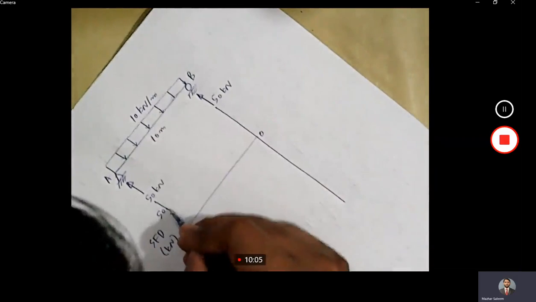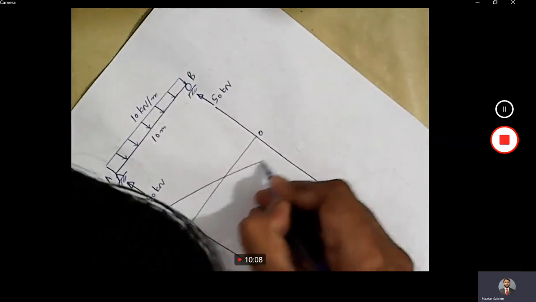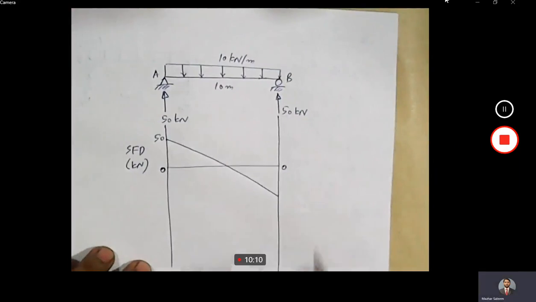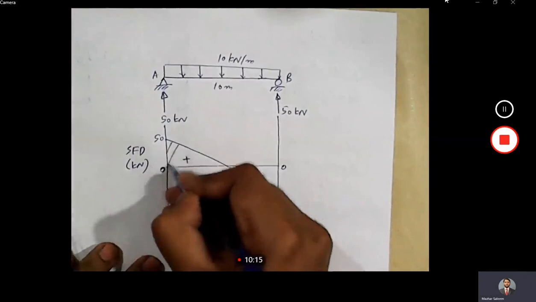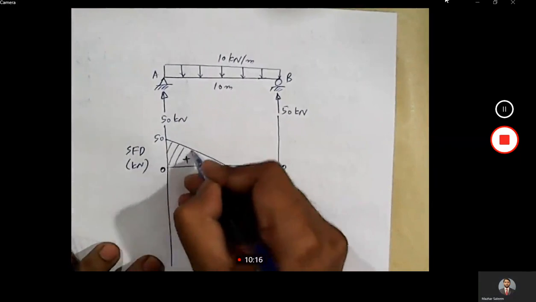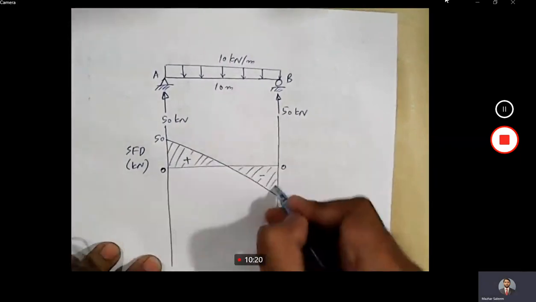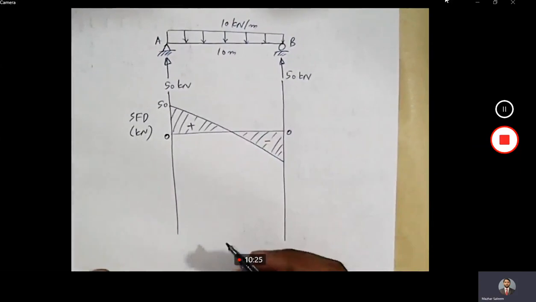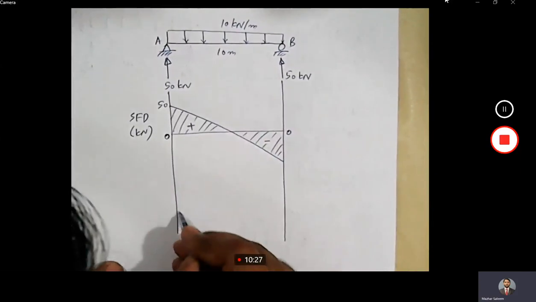So we will join this with a straight line, it's a straight line, first degree line. This part is positive and this part is negative. So this is SFD.